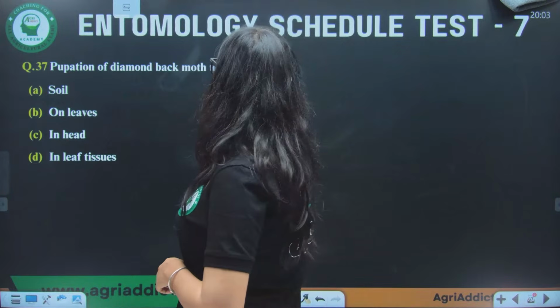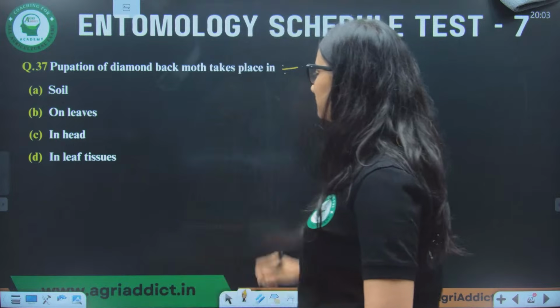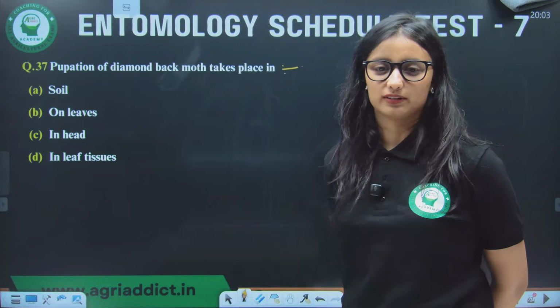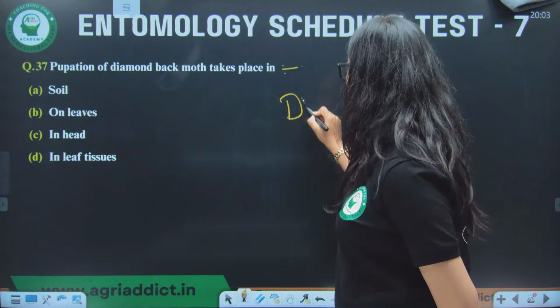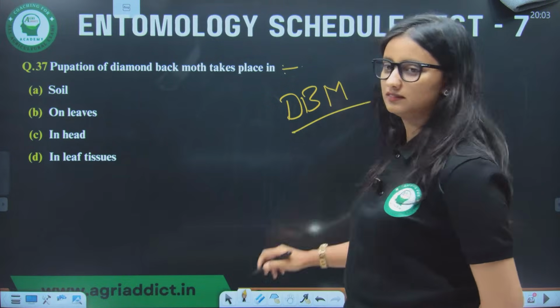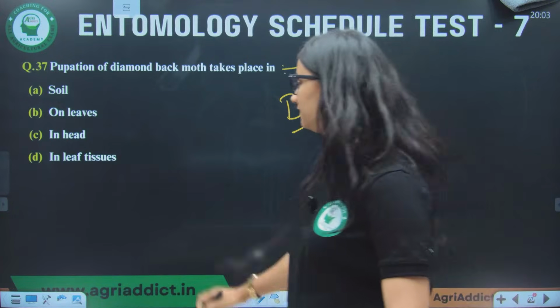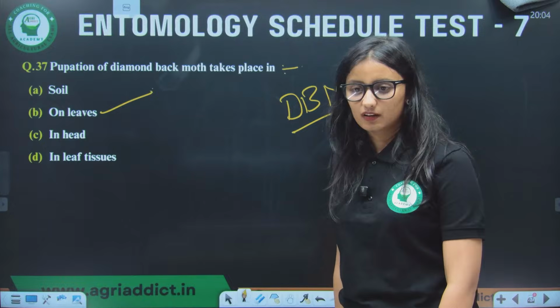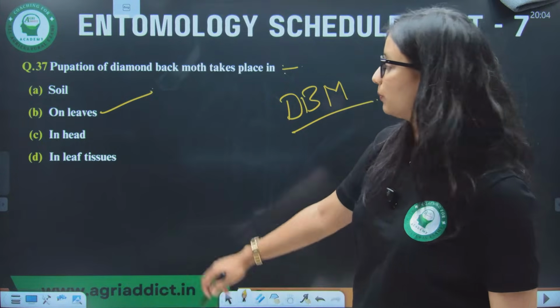Pupation of diamondback moth takes place in what? B. Very good. B is the correct answer. No, not in the soil. It pupates in the leaves.